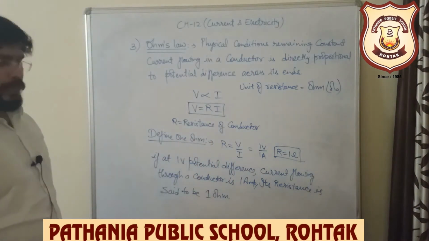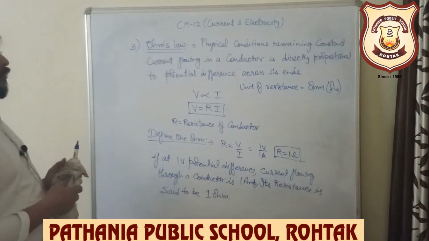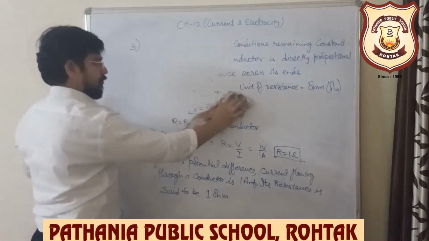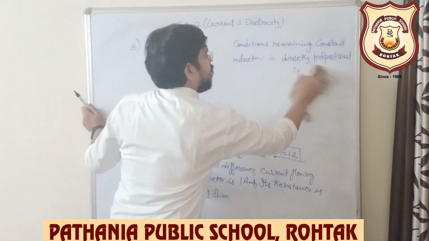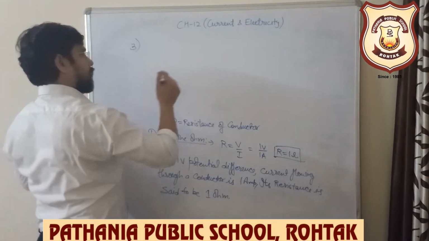Okay, so that is your Ohm's law. Few points I would like to add about Ohm's law. If you make the graph between V and I, then you must get a straight line.